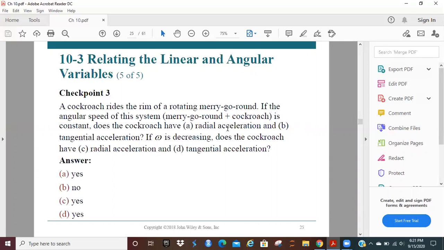So if the angular speed of this system is constant, let's see if I can draw this out. Get our merry-go-round there. I can't really put a bug out there, but I can put an X. Your cockroach.